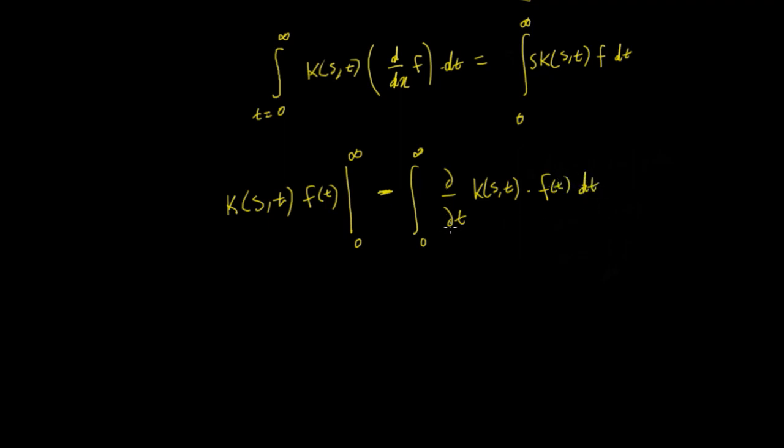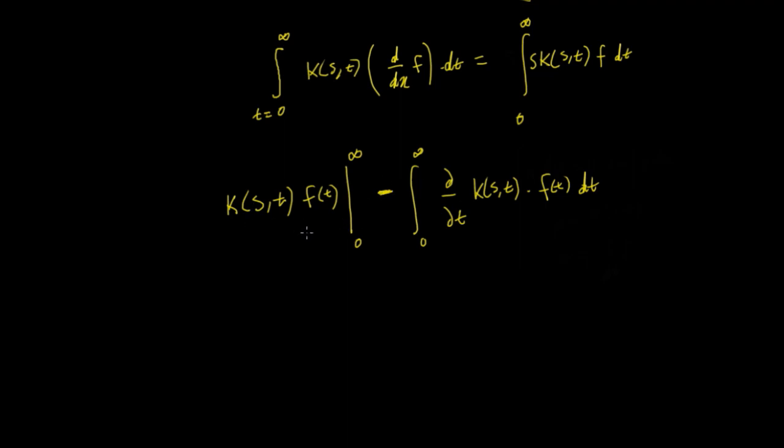It's the partial derivative because k has two components, an s and a t, so you could differentiate with respect to s or t. In this instance we're differentiating with respect to t, so we have to change the differential to the partial differential.